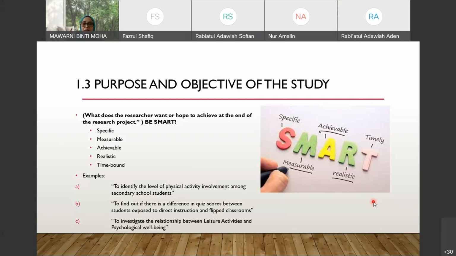You cannot say to identify the level of physical activity and level of involvement in recreation among what? Then you can break it down into a second objective. You know what I mean? One variable for one objective. So you can see, I will explain later in chapter 3 how these are actually sequential nicely. Okay, that's the trick. All right, moving on.